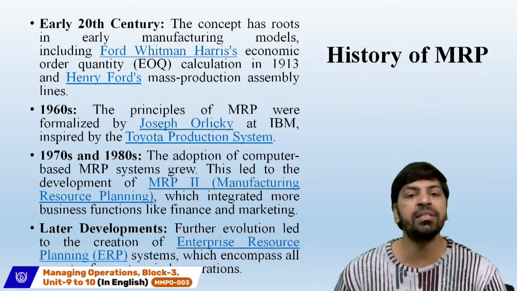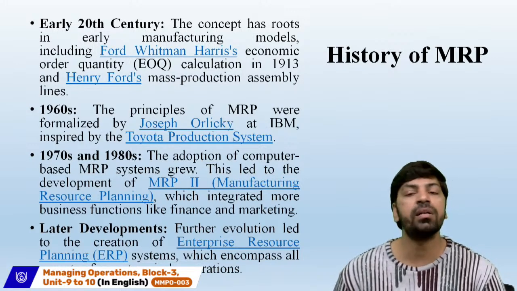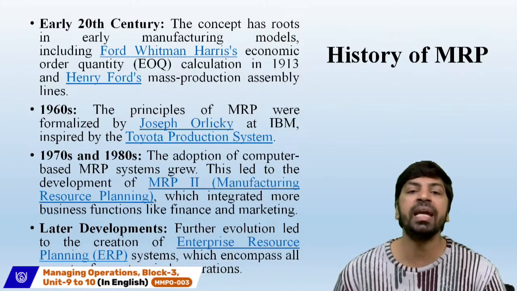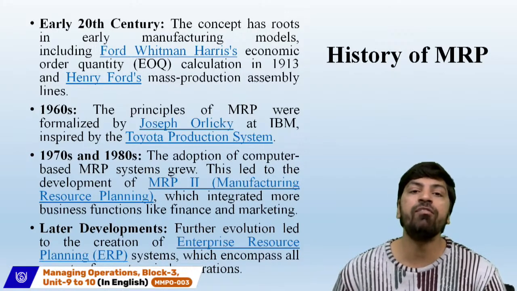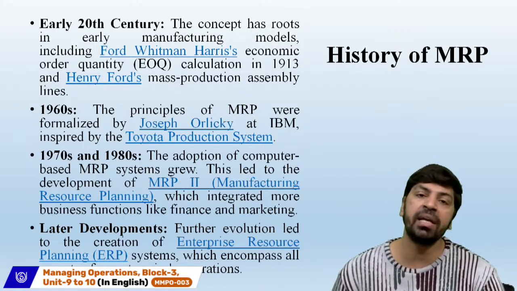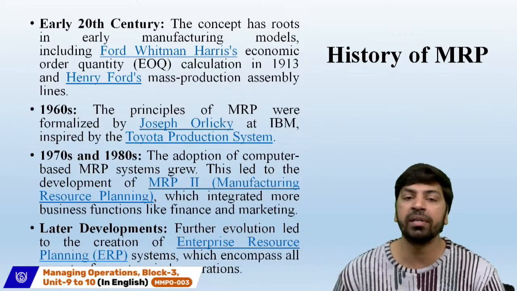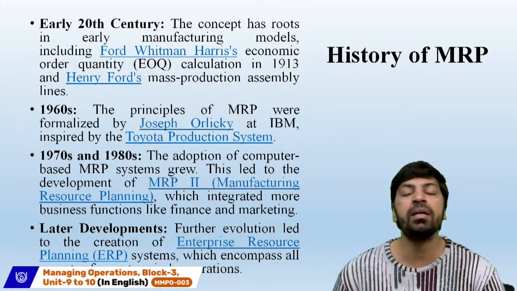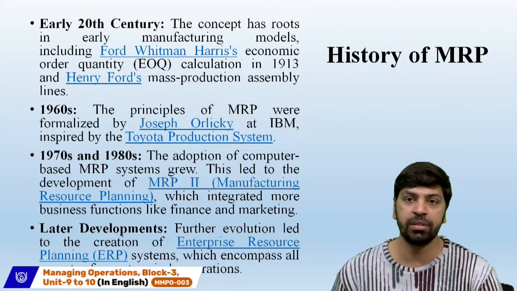And the next is the later development and further evolution according to modern times, with the creation of enterprise resource planning, called the ERP system, which most organizations follow in order to understand all aspects of the enterprise operations.